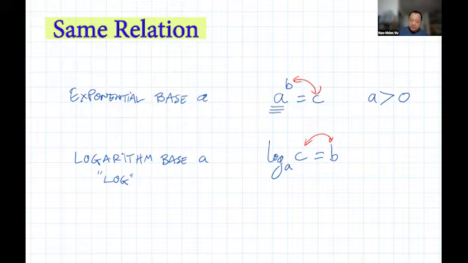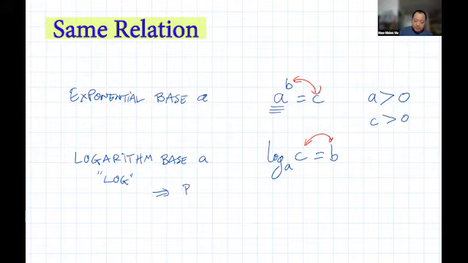That means c will be positive as well. A is going to be positive, c is going to be positive. B can be negative, that's no problem. We saw it earlier. 5 to the negative 1 is 0.2. Power b can be whatever, but the a has to be positive and the c has to be positive.